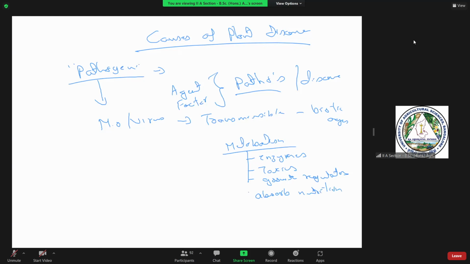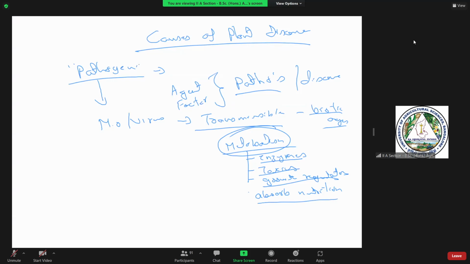So it should be a transmissible biotic agent causing a disease by disturbing the metabolism through enzymes, toxins, growth regulators, or any other substances which can absorb the nutrition.